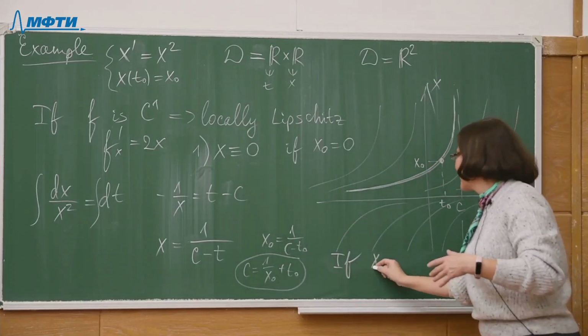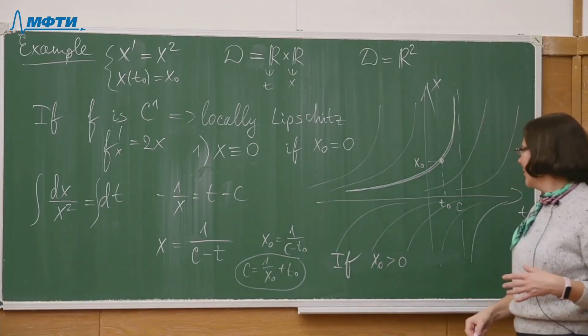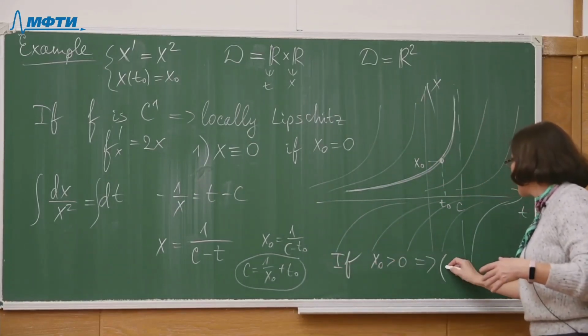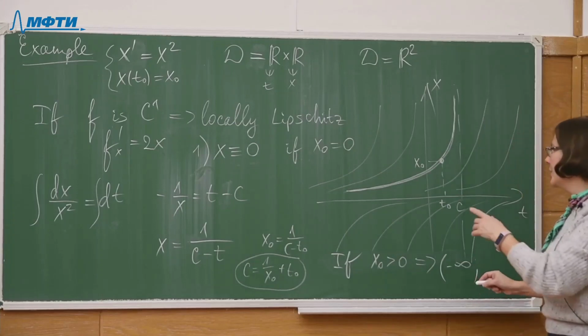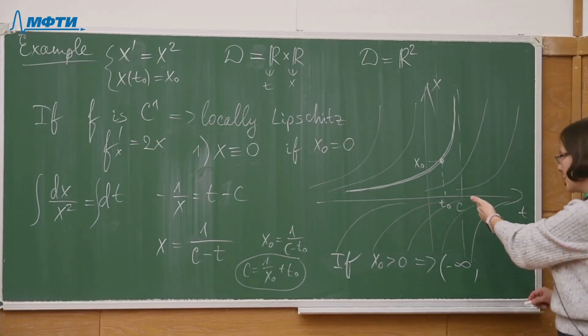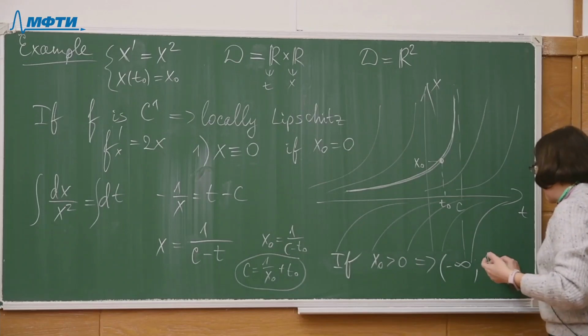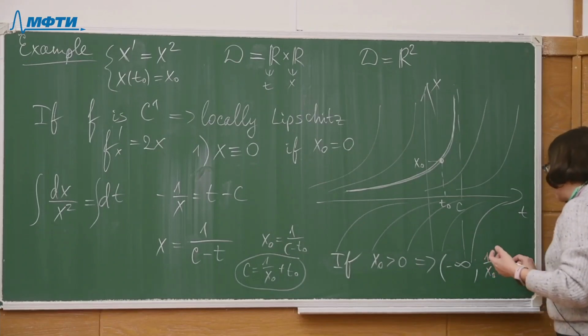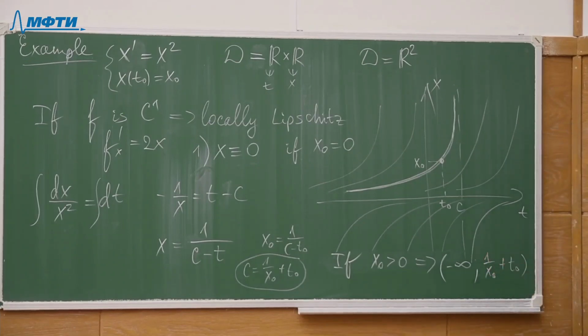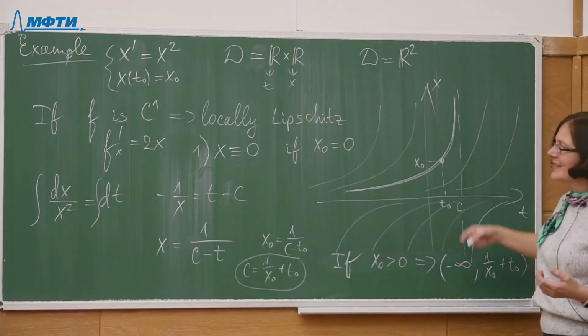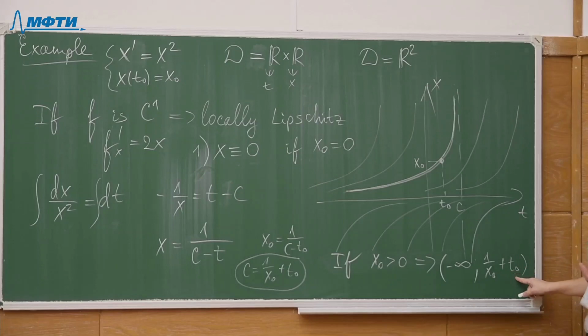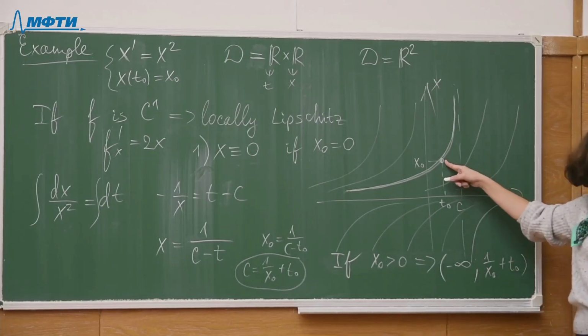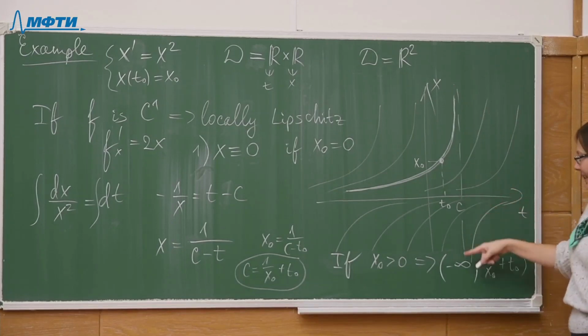If x0 is greater than 0, then the maximal interval will be from negative infinity to c, so to 1 over x0 plus t0. Right, clear? From negative infinity to c, this point we have found. So given an initial value, we can find c and substitute it here.